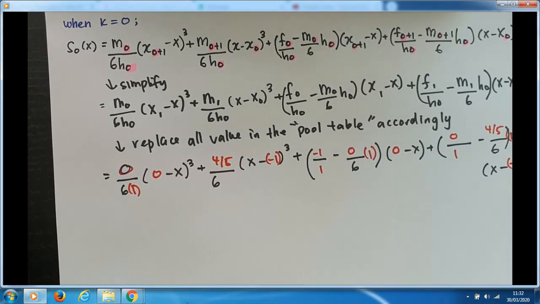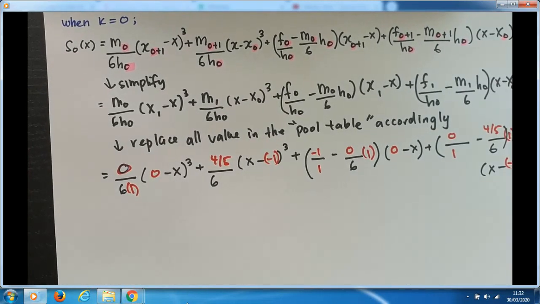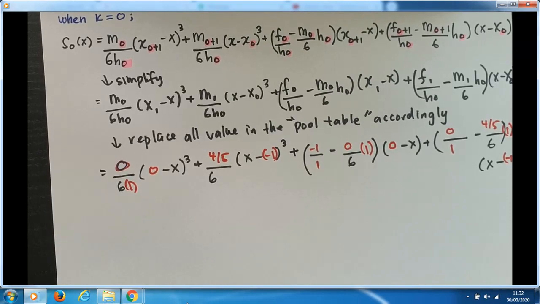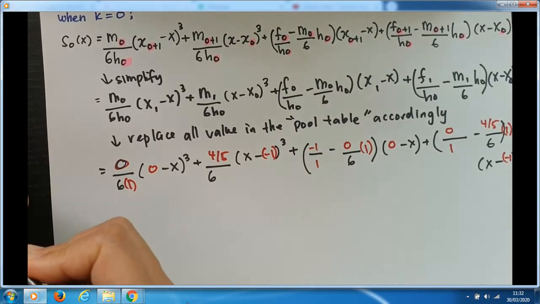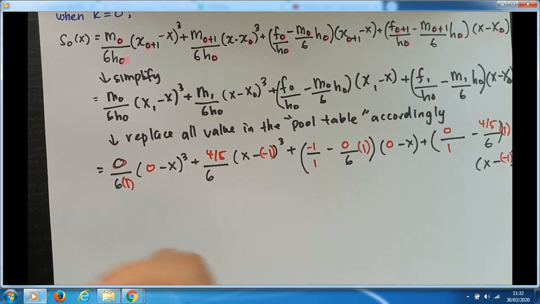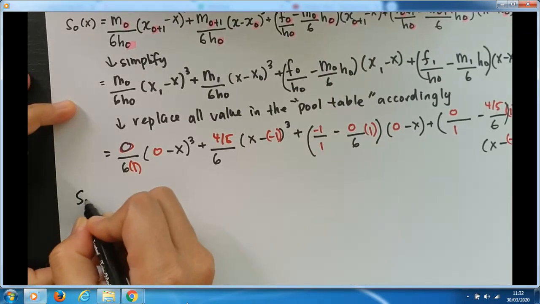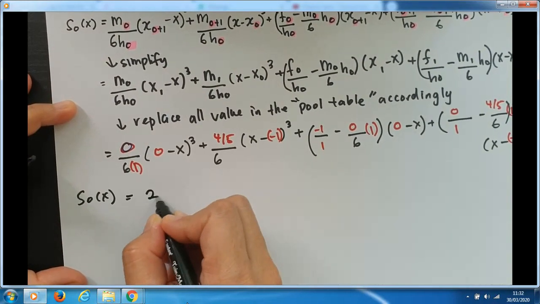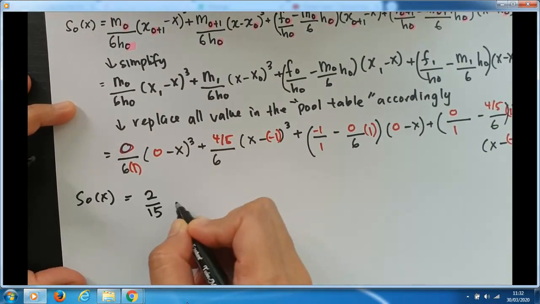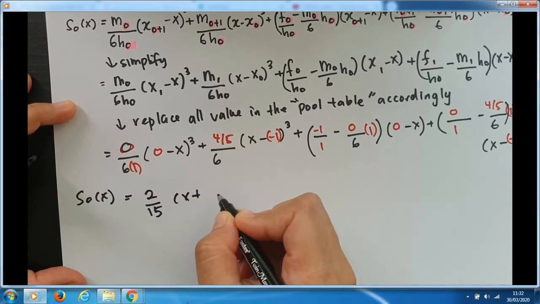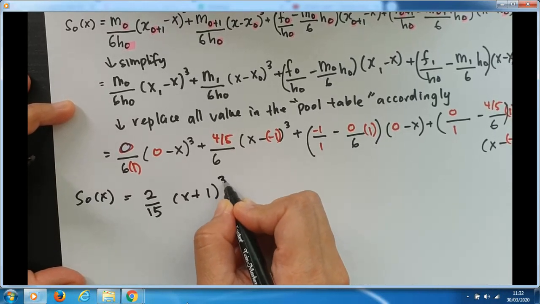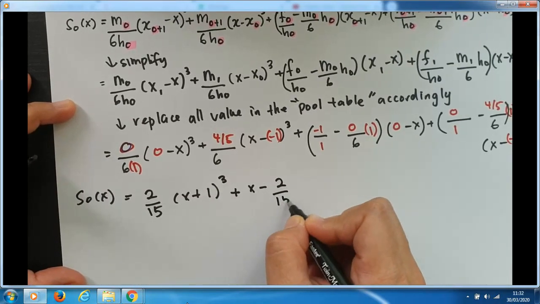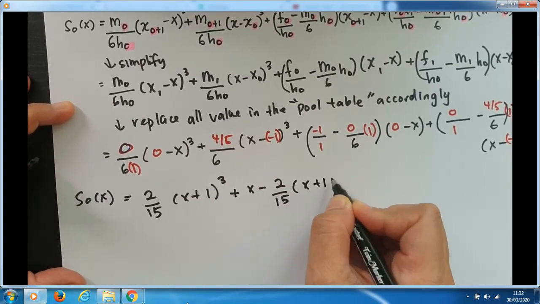When you simplify it, you will get the final spline formula for S0(x) equal to 2 over 15 (x plus 1) to the power of 3 plus (x minus 2 over 15)(x plus 1).